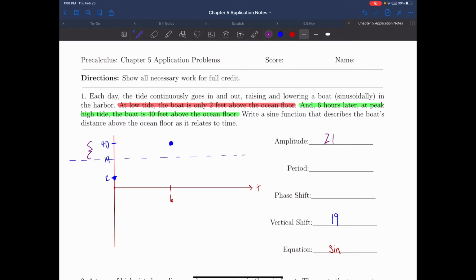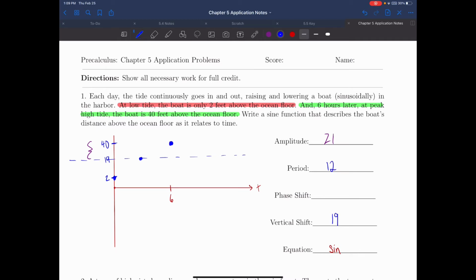Okay, let's see here, what's easiest? Let's do this. I'm going to put another dot right here. That's a little confusing looking, but from the low to the high, that represents half of your period. From the low to the high is 6, so that means the whole period is 12.